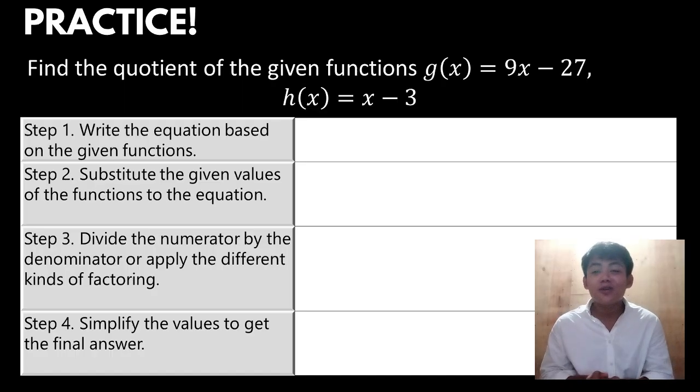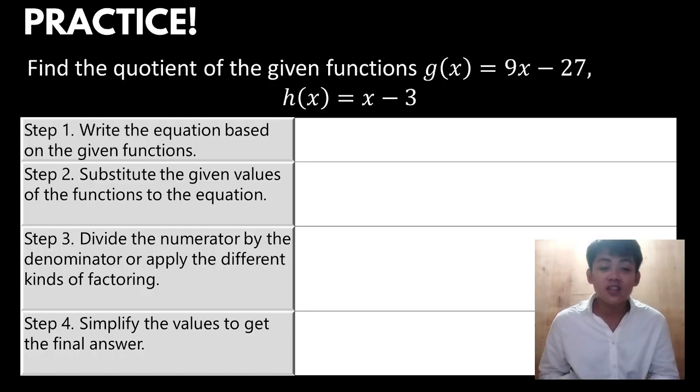Upon computing following the step-by-step procedure, you will get the final answer, class number 23. Then later on, explain the step-by-step procedure you have performed in order to get the final answer.